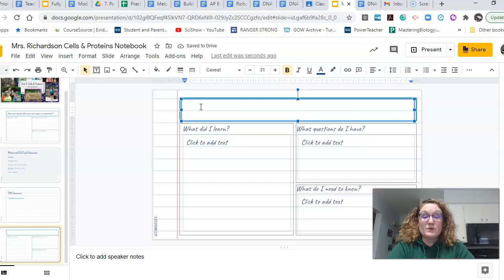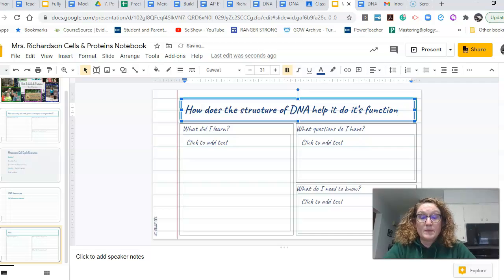And the question that we're answering is, how does the structure of DNA help it do its function? Okay, so you're going to answer that question.